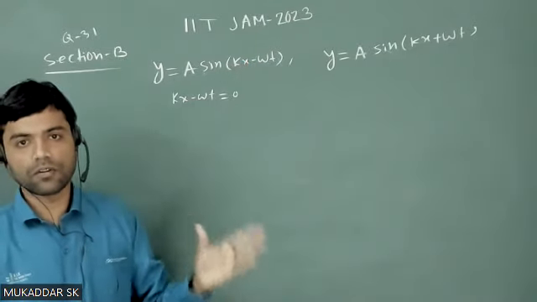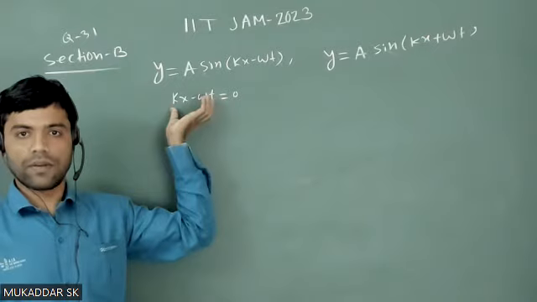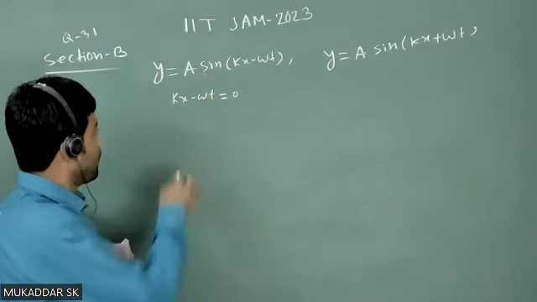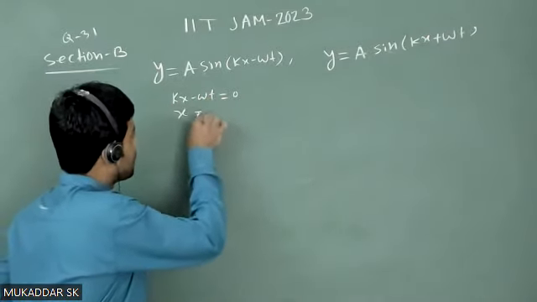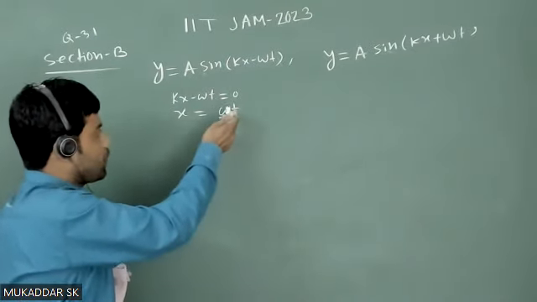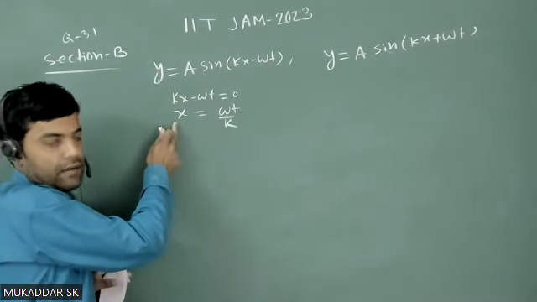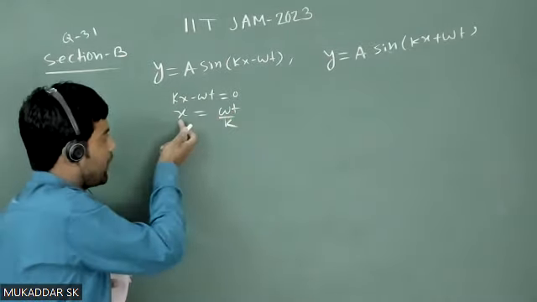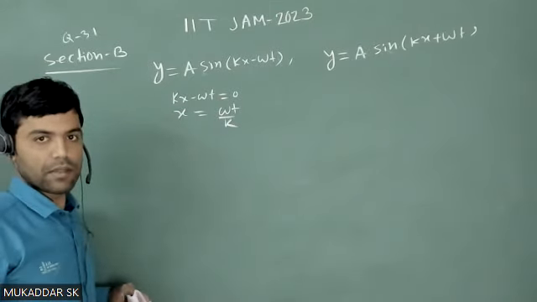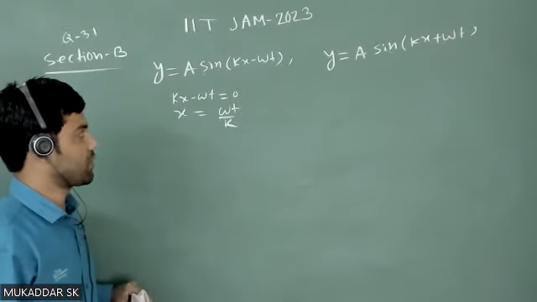But whether it is positive or negative, how will you understand that? You just have to keep the phase factor equal to 0. Now find the expression for x, which will be omega t by k. I can see that with progressive time there is an increment of x. As you increase the time, the value of x keeps increasing. What does this mean? Your wave is traveling along the positive x direction.